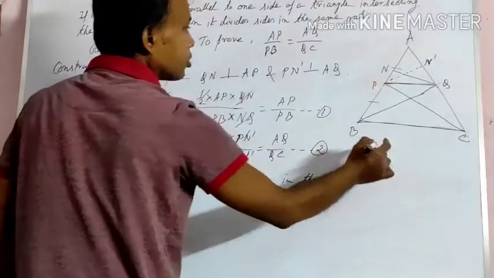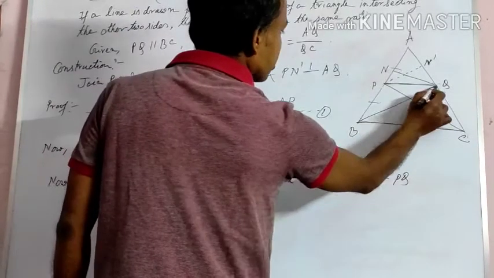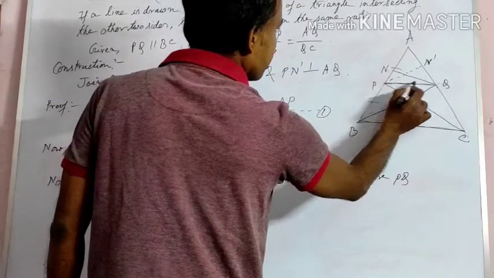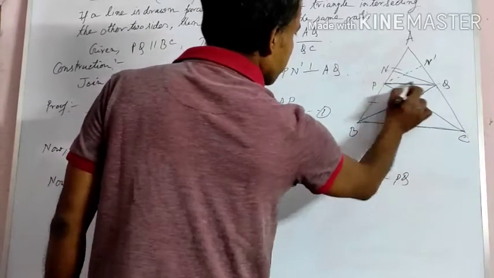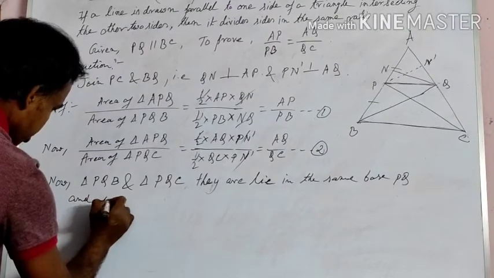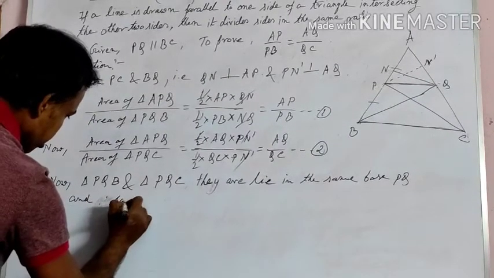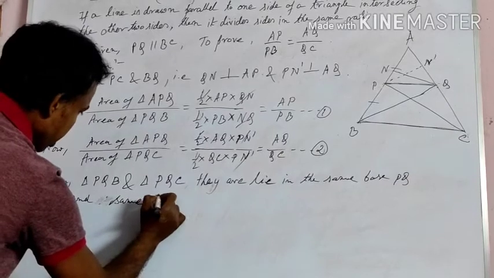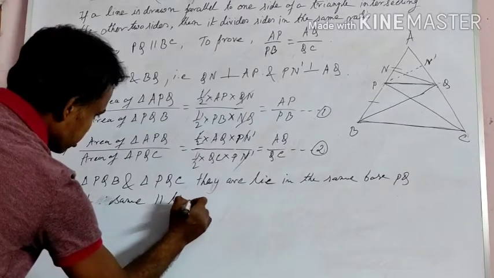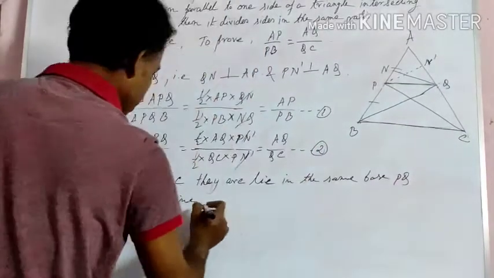That is PQ, same base PQ. This is PQB and this is PQC. Same base PQ and same parallels. What are the same parallels? PQ and BC.